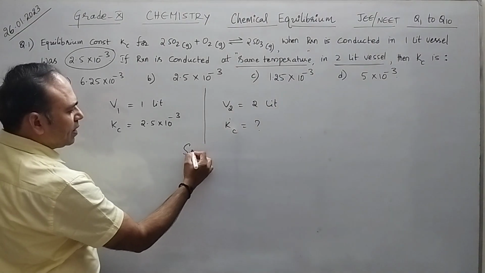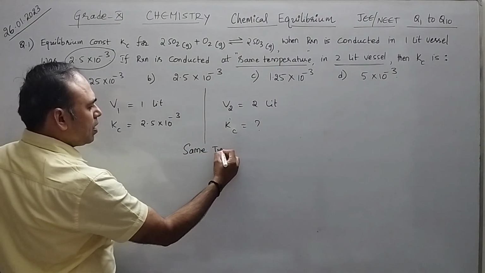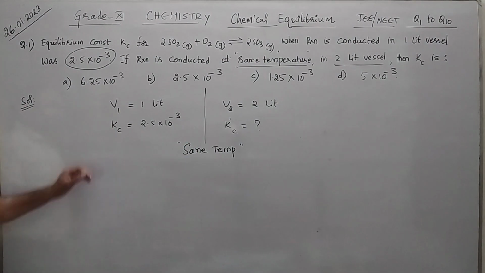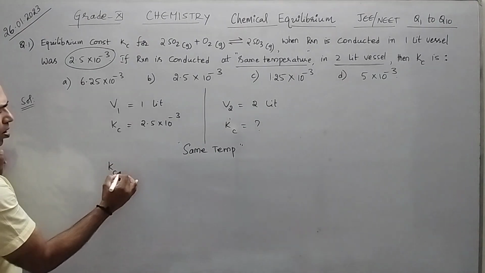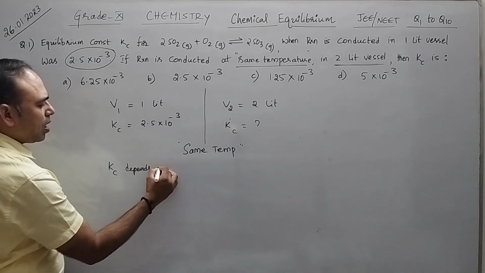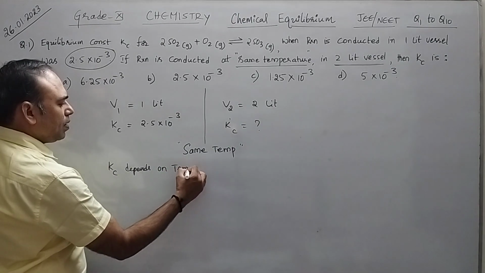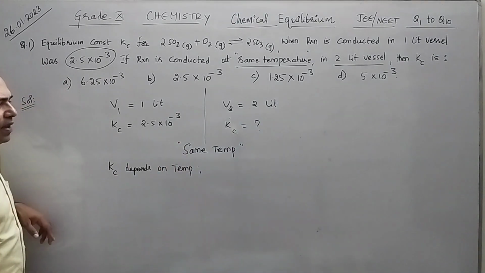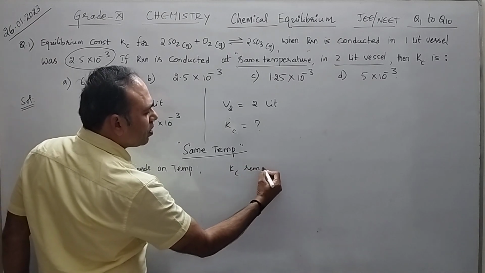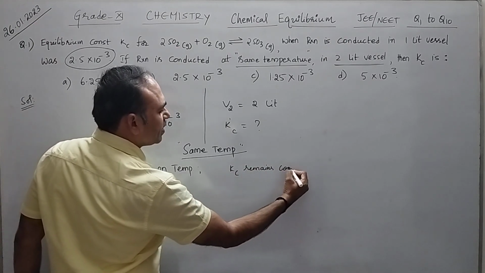Now the important condition here is temperature remains constant, that is the same temperature. So straight away you can solve this question, very simple. Always Kc depends on temperature. But here, because you have the same temperature, Kc also remains constant.